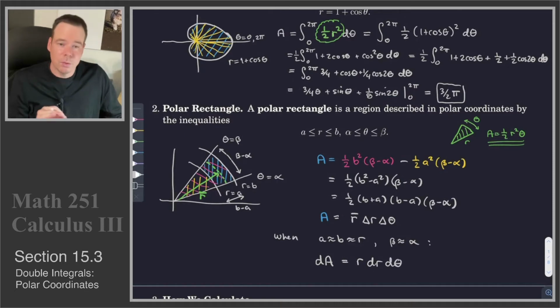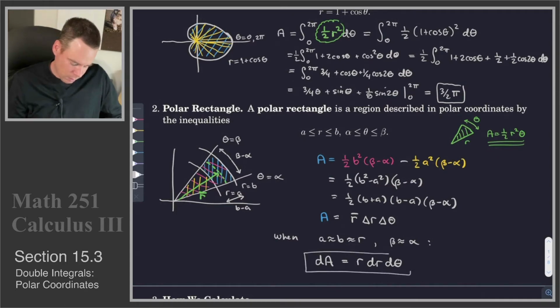It's basically the radius, or the distance this polar rectangle is from the origin, times the small change in radius, times the small change in theta. And so there is our small area, or what we call the polar area element.